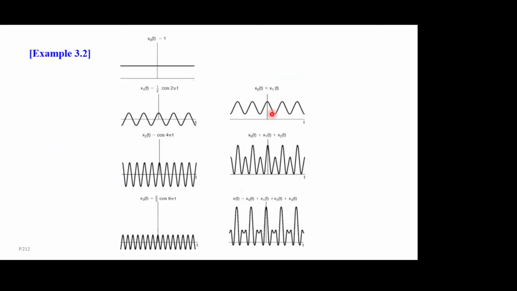You have x0 plus x1 equal to this thing, which is still periodic with period 1. Then you add this extra cosine and you get some weird oscillation. Some of the cosines hit together, so you have a higher peak, and some cancel, so you have a lower peak, etc. But this is still periodic with period 1. Then you add x3 with a higher frequency, and you get a weirder signal, but it's still periodic with period 1.